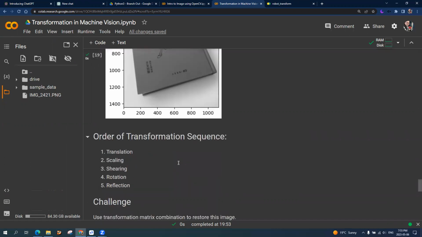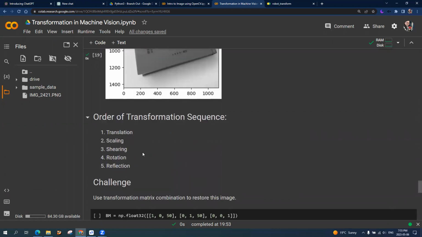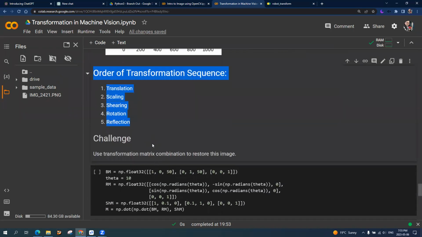So you need to do a combine of these things. And you want to make sure that you do this in these orders. Otherwise, things will be very unpredictable. Okay, so how do we apply multiple transformations? You can always do this step by step, like when you define your translation matrix, and then you apply it to the image, you get a result.